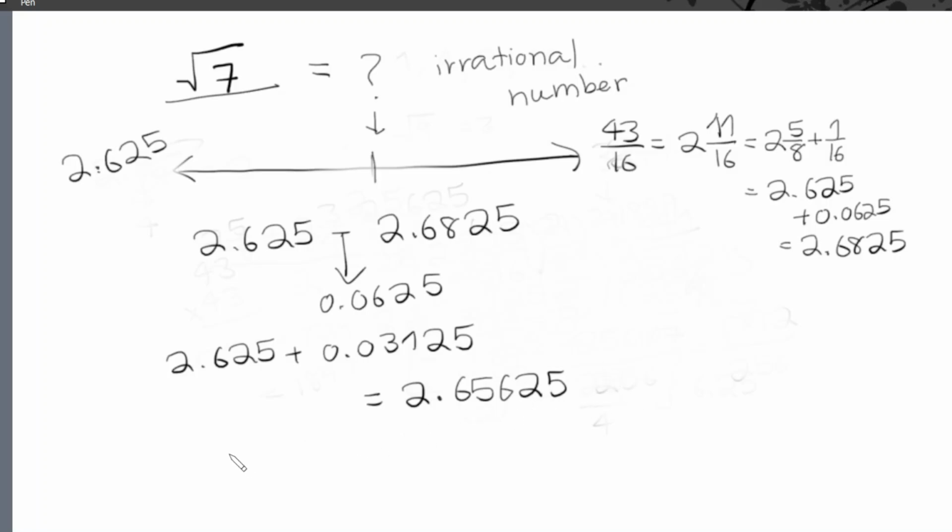And so we'll say that the square root of 7 is about 2.65625. And now I'm just going to check my phone's calculator to see what the actual square root of 7 is. And obviously it's irrational, but I'm going to see what a good approximation is.